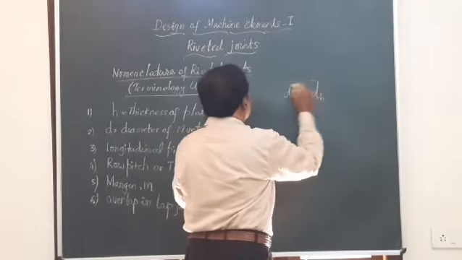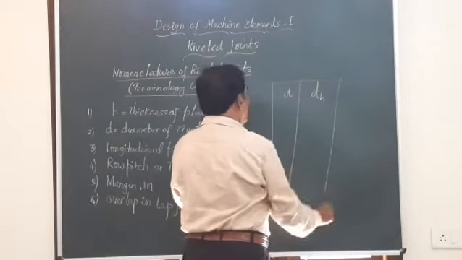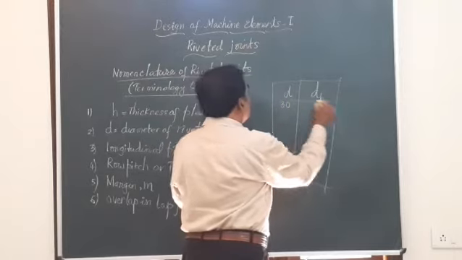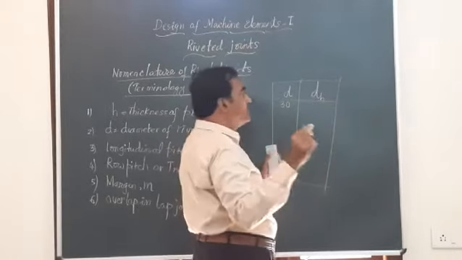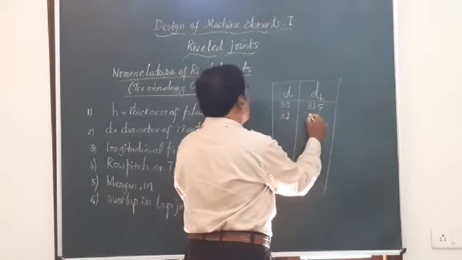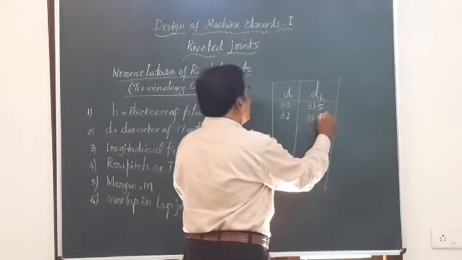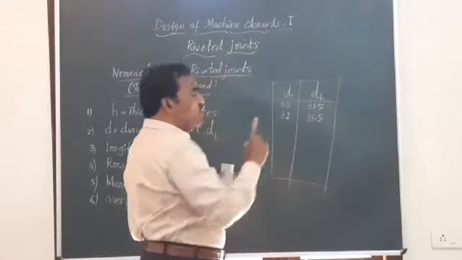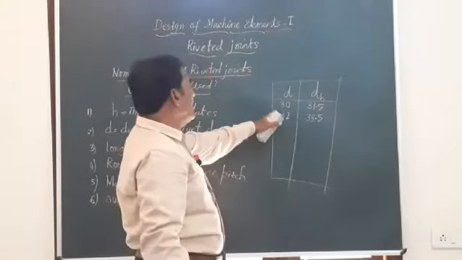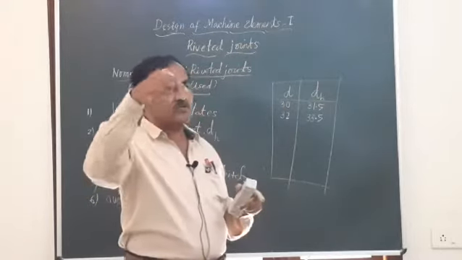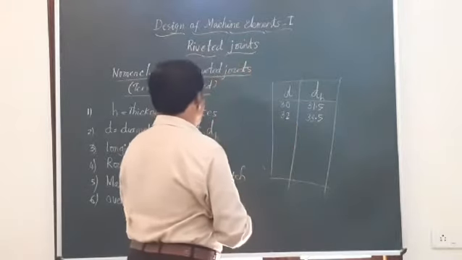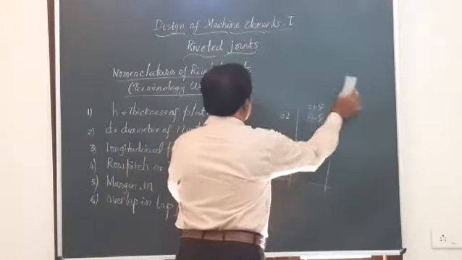For example, in a table like this, say there is a diameter of rivet equal to 30 mm, maybe the diameter of the hole to be drilled in the plate is 31.5. Suppose this is 32, maybe this is 33.5, and so on. The diameter of the hole DH will be slightly greater than the diameter of the rivet, because we should have the provision to insert that rivet in the hole.